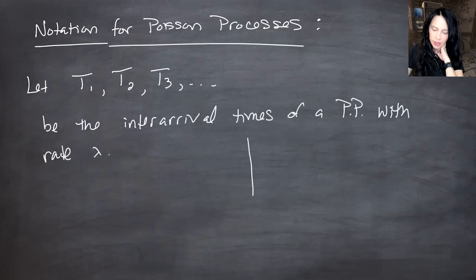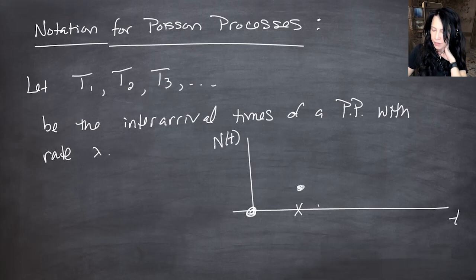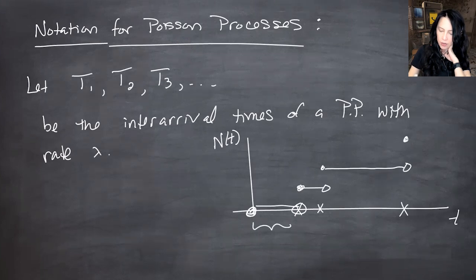If you draw the process, this is like counting a total number of arrivals by time t, and we're starting by convention with 0. And then at some random time, we're jumping up to 1. And at some random time, we're jumping up again. So we're getting like this step function thingy. And at some random time, we're jumping up again. And so this is T1, which turns out to be the time of the first arrival.